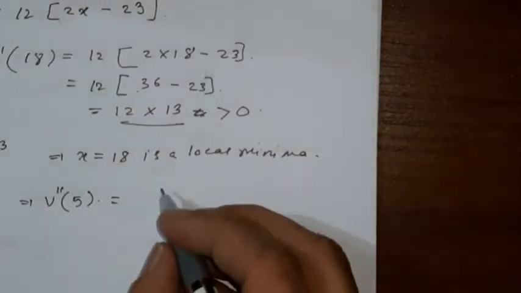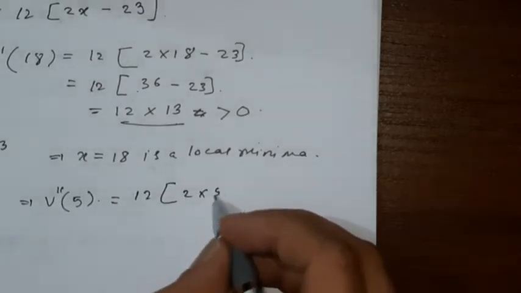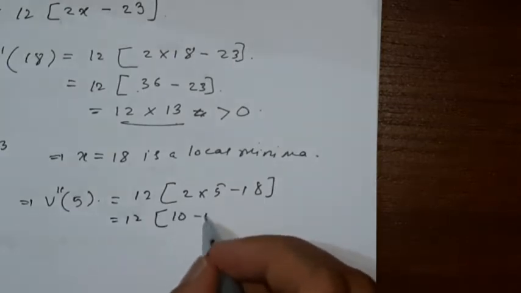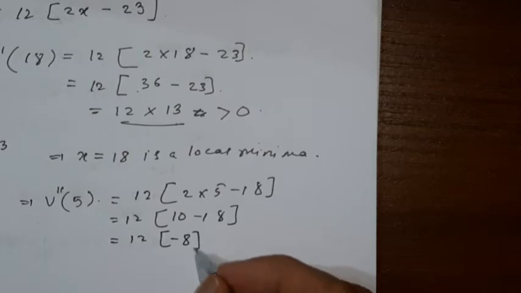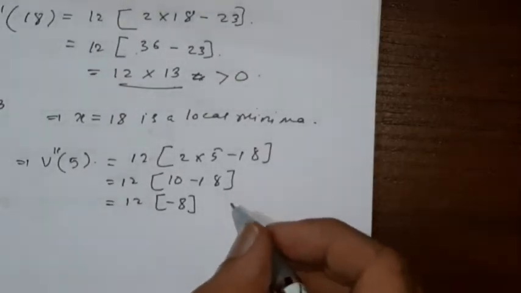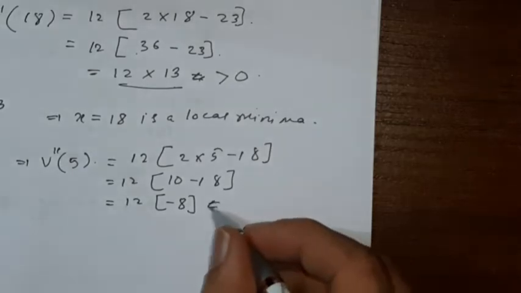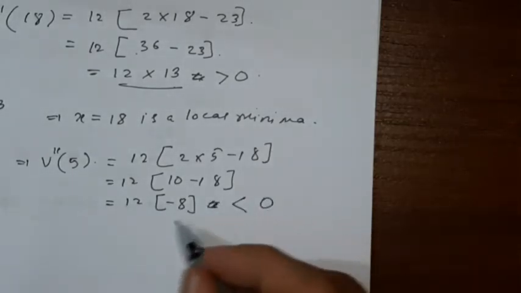So if we find V double prime of 5, it is 12 times (2 times 5 minus 18). So that is 12 times (10 minus 18). So 12 times minus 8. So 12 times 8 is 96, and with the minus sign you are getting minus 96, which is less than 0.